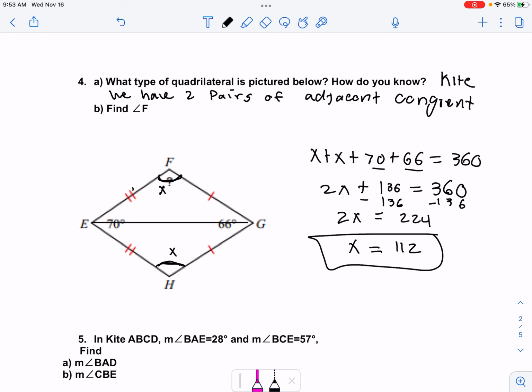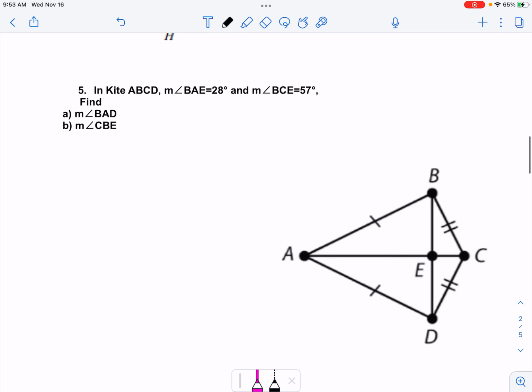Okay, so in this kite, they're telling us it's a kite. So in this kite, BAE, that's this full angle here, is 28. And BCE, that's this angle here. I'll put it here, then I'll have space.